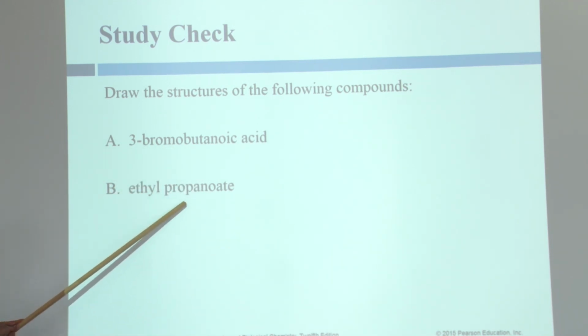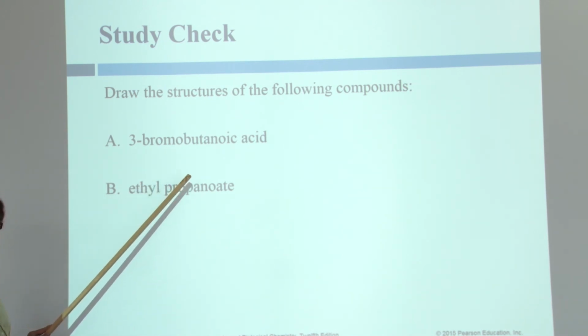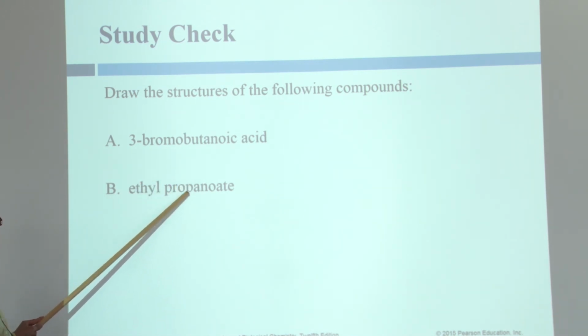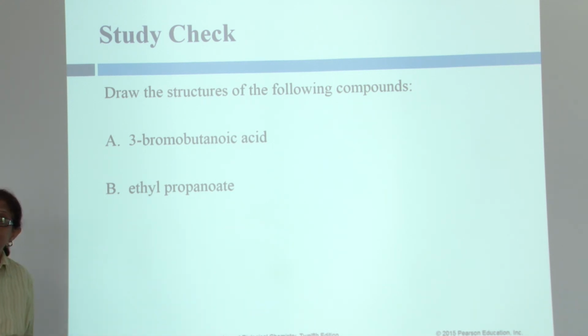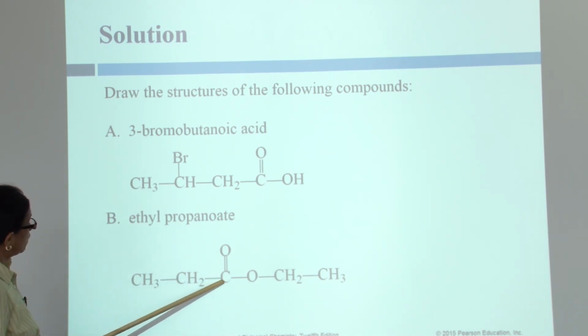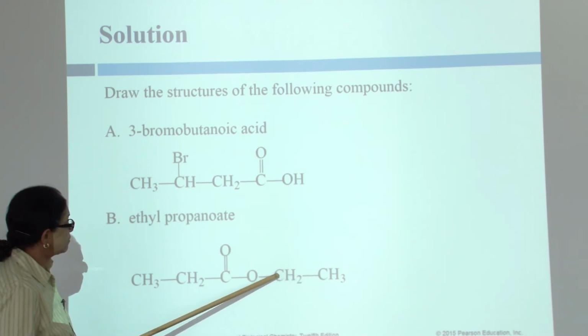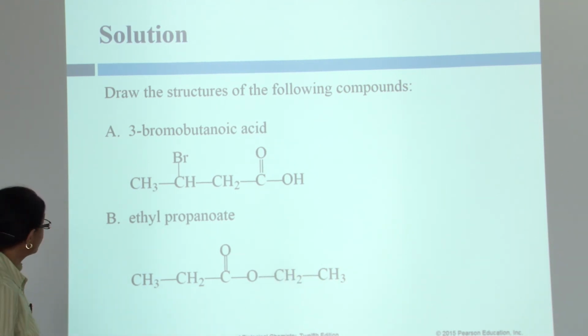And ethyl propanoate. So ethyl comes from the ethanol, and propanoate comes from the propanoic acid.